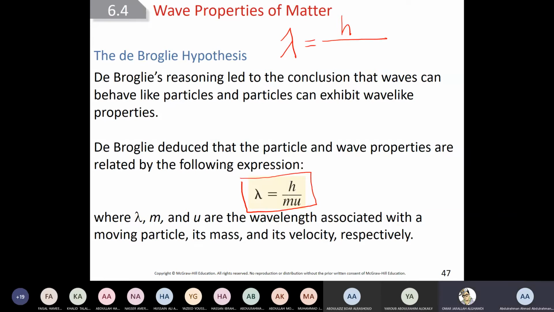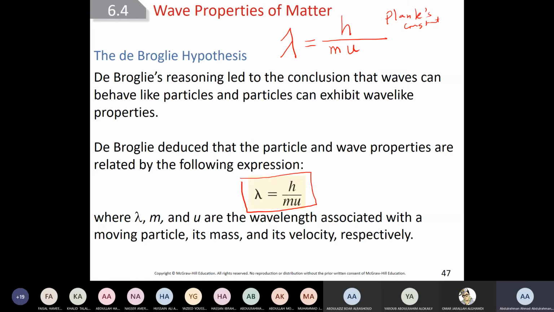Planck's constant, not Rydberg, Planck's. All right. And what is m? The mass. And what's u? Velocity. Fantastic. Super. Okay.